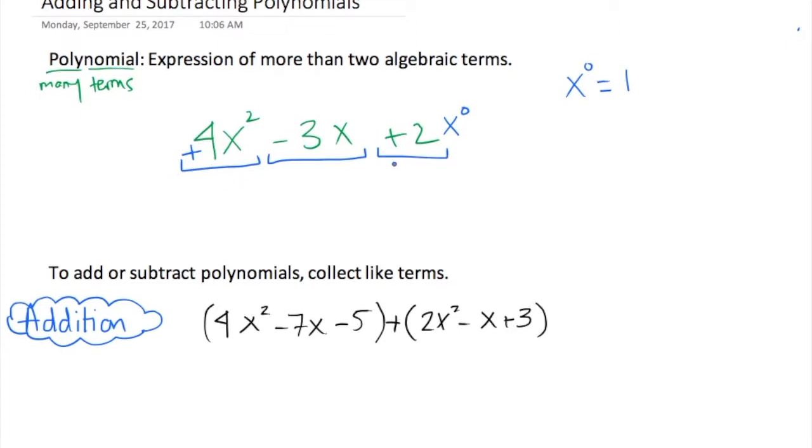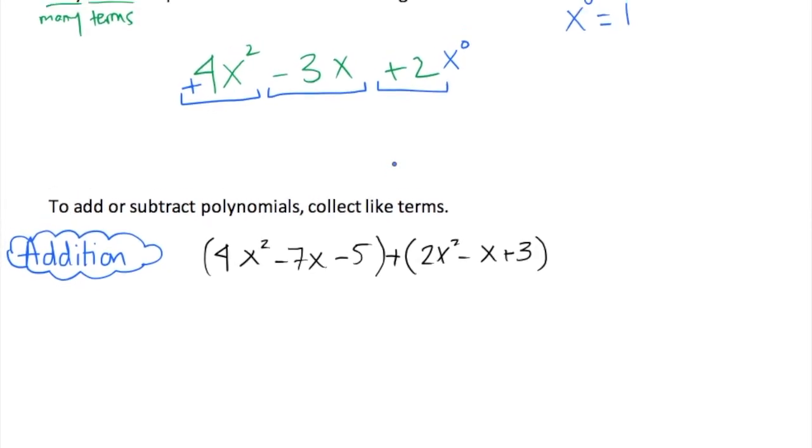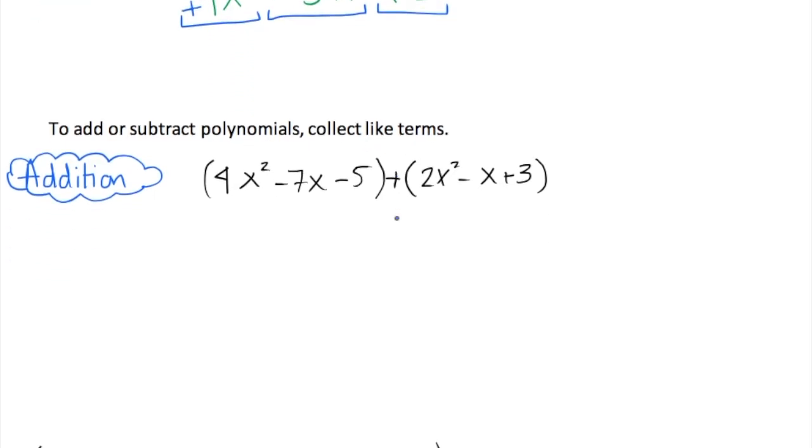Now, to add or subtract polynomials, you must collect like terms and work with them. Let's take a look at an example. Here we have (4x squared minus 7x minus 5) plus (2x squared minus x plus 3). The first thing I like to do is to take off the brackets. For the first one, since there is no negative sign in front, we can just rewrite the first polynomial as it is, 4x squared minus 7x minus 5.